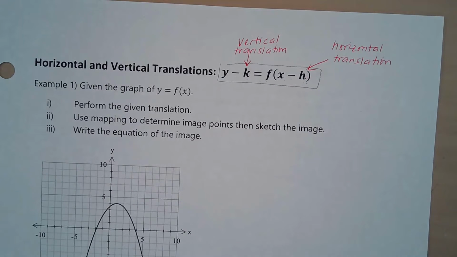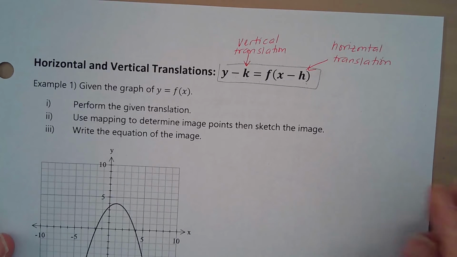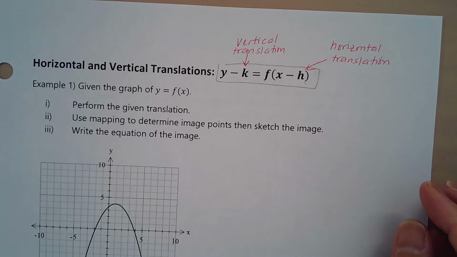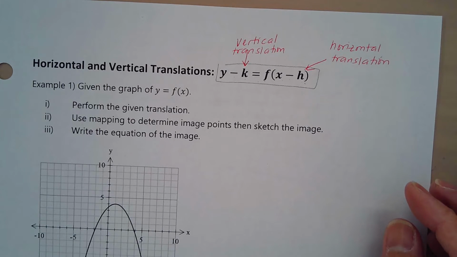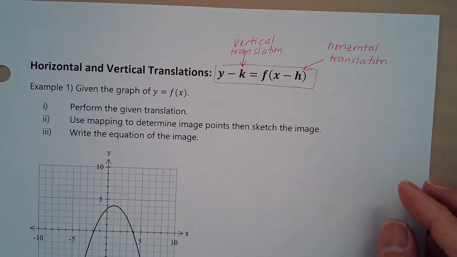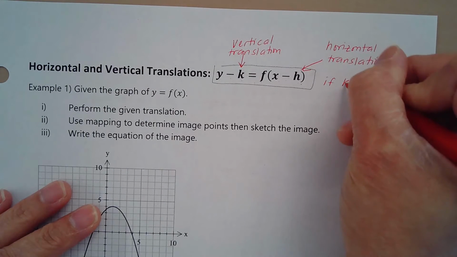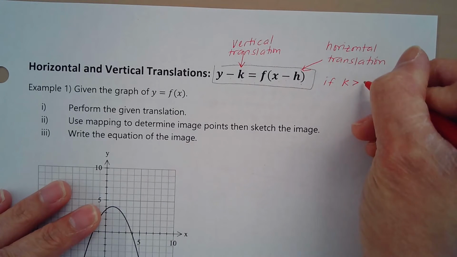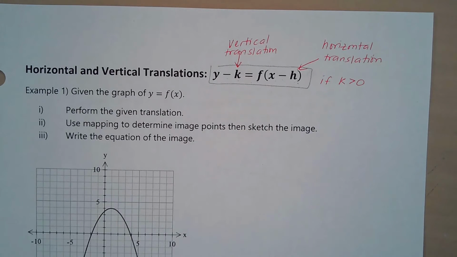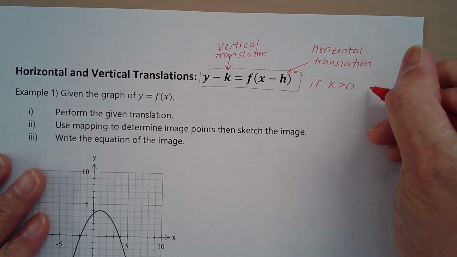Okay, now here's the thing. If k is positive, the graph is gonna move up. So if k is greater than 0, so positive, graph moves up.